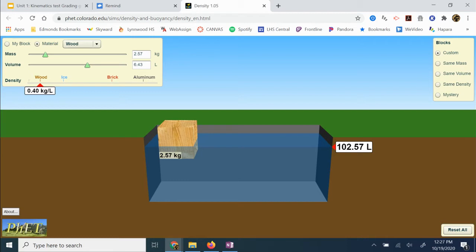You should pause the video right now and answer questions 1 and 2. Number 2 asks, will the styrofoam cube float higher or lower in the water than the wood? Here we can see this piece of wood is maybe a third underwater. Do you think that's going to be true for the styrofoam? So go ahead, pause, answer number 1 and number 2, and then we'll come back.